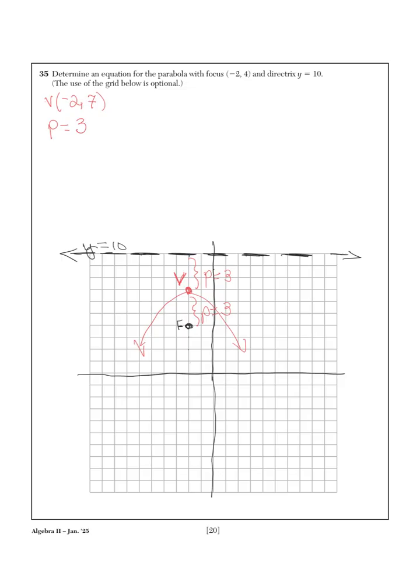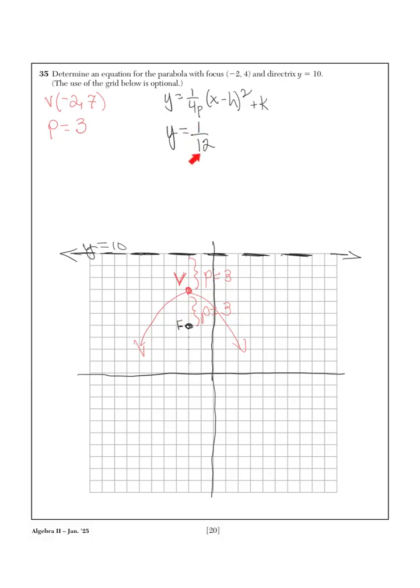Now lastly, what's also on that formula sheet is the formula for the equation of a parabola. So it is y equals 1 over 4p, then x minus h, that quantity squared, plus k. So here we go. We know that our p is 3, so 4 times 3 is 12. However, notice that this parabola is going down.